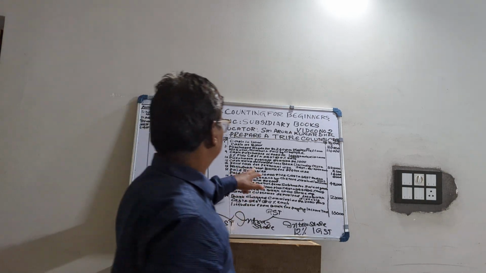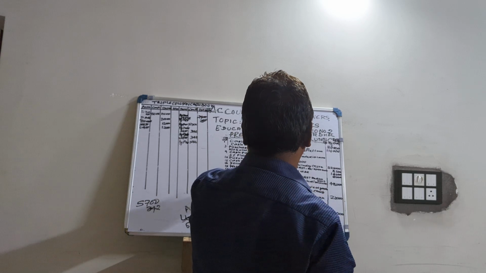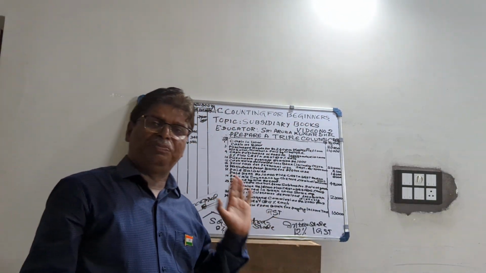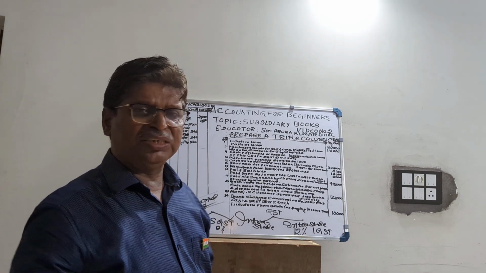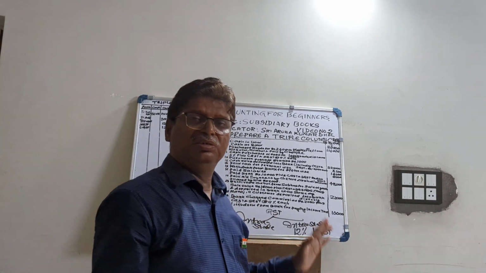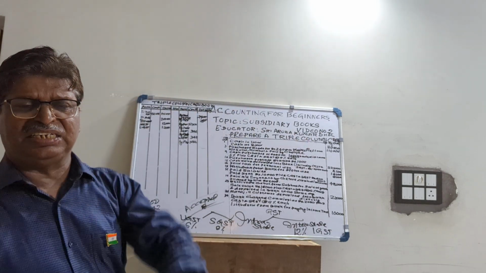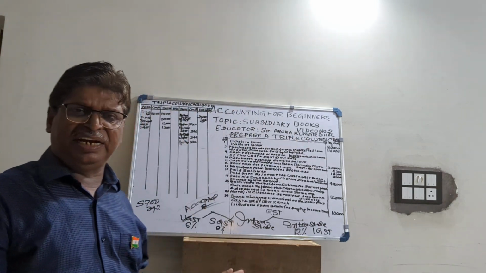Then draw cash for personal use. So all of you know, when the proprietor withdraws cash for his personal use, it will be debited to drawing, because when he is investing cash in the business, his capital is credited. When he is withdrawing, his capital is debited.